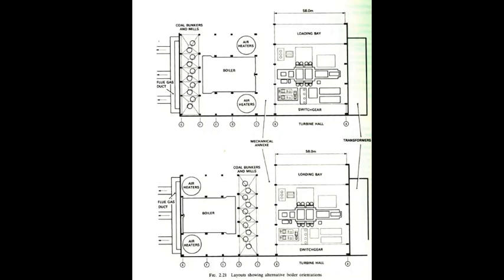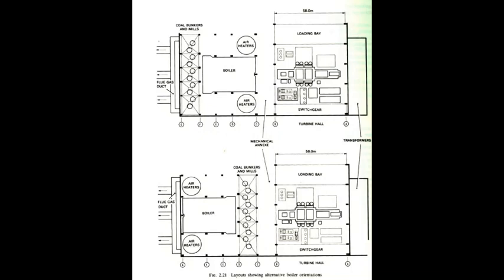Let us now see some typical layout arrangements which are provided in different plants according to convenience. The first one shows the different orientations of the boiler plant and its auxiliaries.